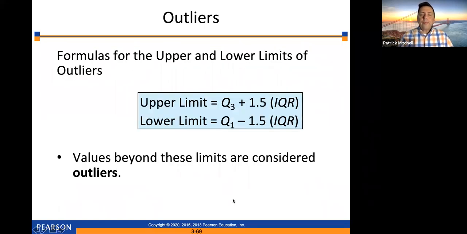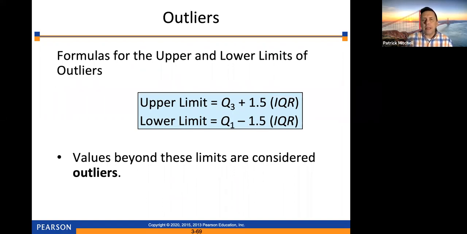Okay. All right, so here's IQR again. This is how we're going to detect outliers. So the formulas for the upper and lower limits of outliers: the upper limit is found by taking the third quartile and adding 1.5 times IQR. Remember, that's the interquartile range.